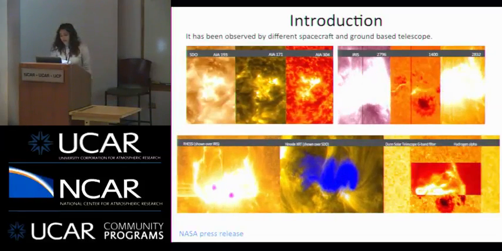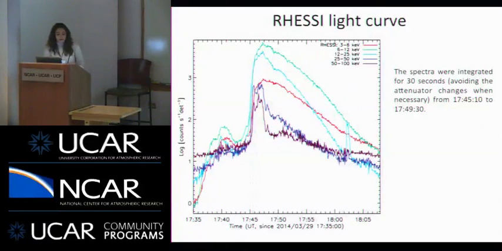So quickly, I will move to the RHESSI observation. Here we have the light curve, and we can see that this is at 100 kiloelectron volts, and there is a very strong peak in the impulsive phase of the flare. All these dashed lines are the time intervals at which I got the spectra.